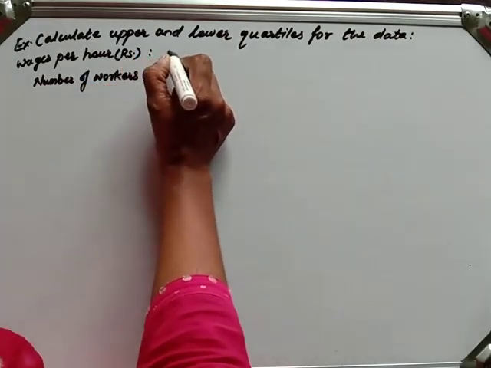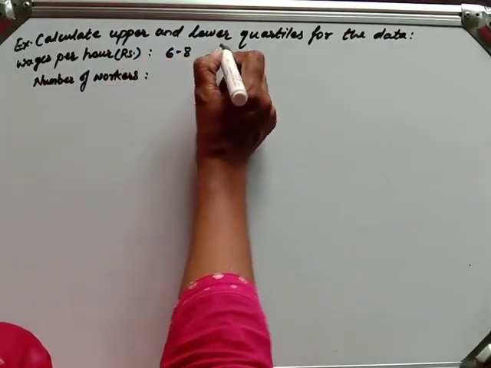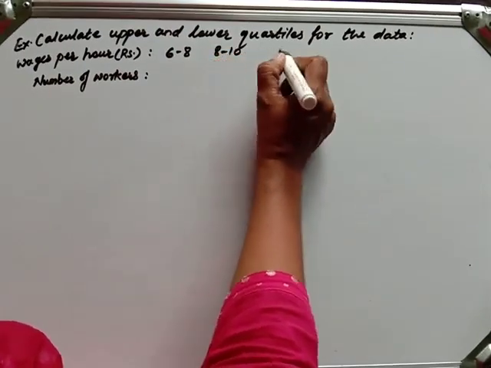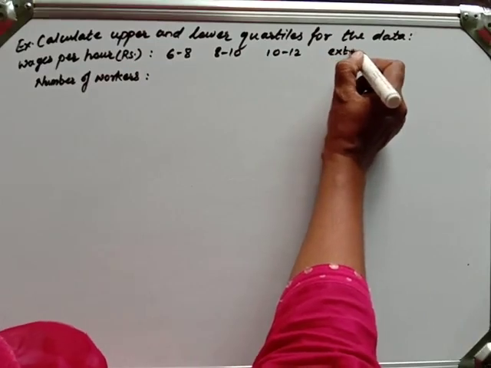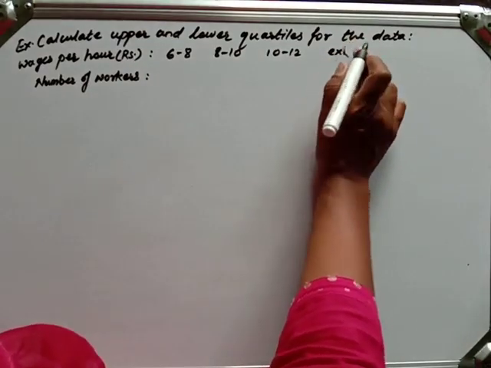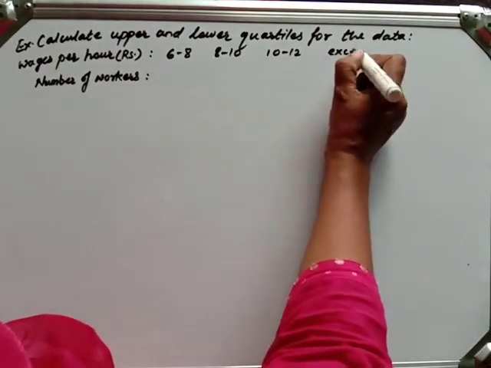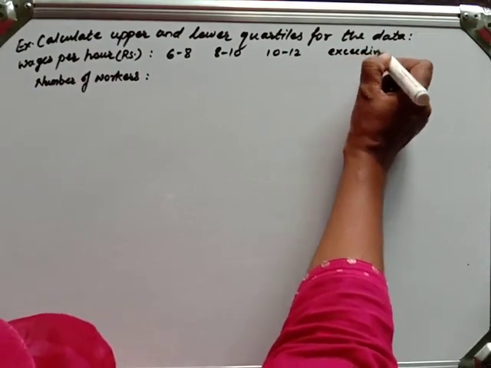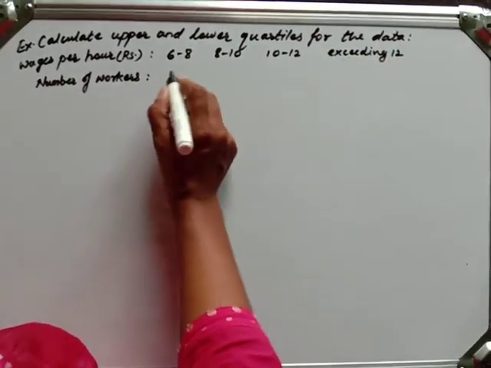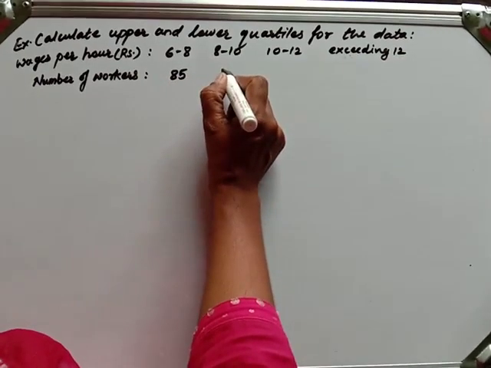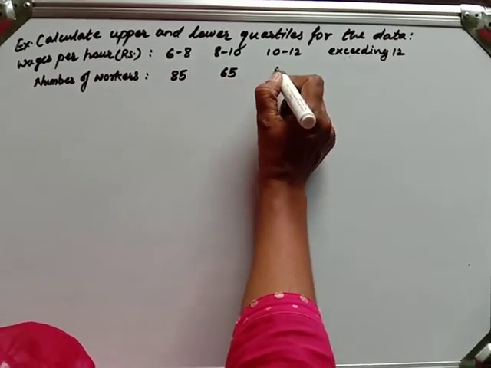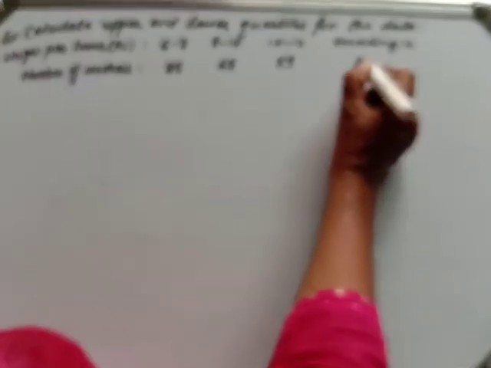Wages per hour are 6 to 8, 8 to 10, 10 to 12, and exceeding 12. The number of workers are 85, 65, 59 and 50.